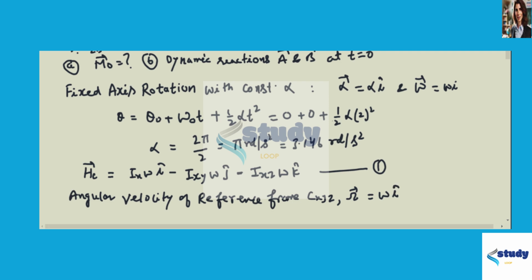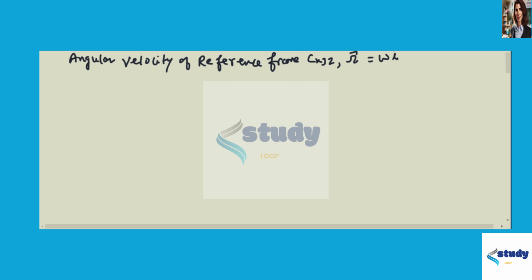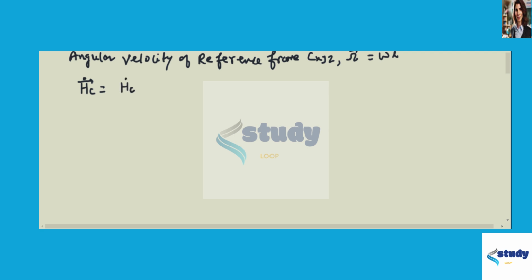So rate of change of angular momentum about C, you may write, is the derivative in Cxyz plus omega cross H_C.